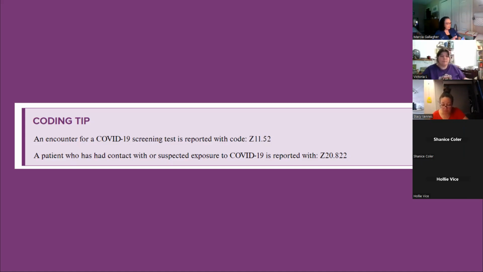In your app, when it pulls up, you're just going to have a little place where you can search. In that search, I want you to push in Z11.52. Tell me what you see when you do Z11.52.